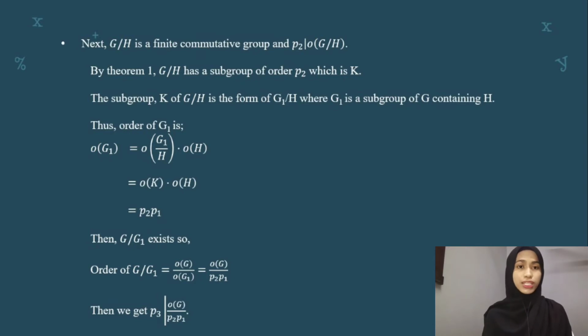Then G over G1 exists, so the order of G over G1 is order of G divided by order of G1, which is equal to order of G over P2 P1. Thus we get P3 divides order of G over P2 P1.